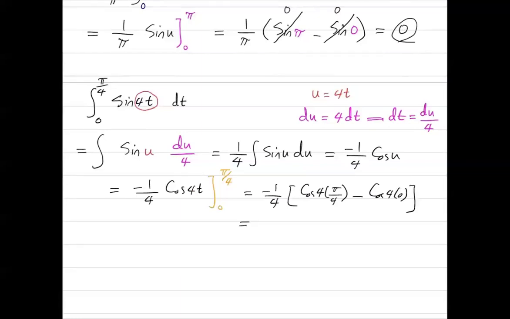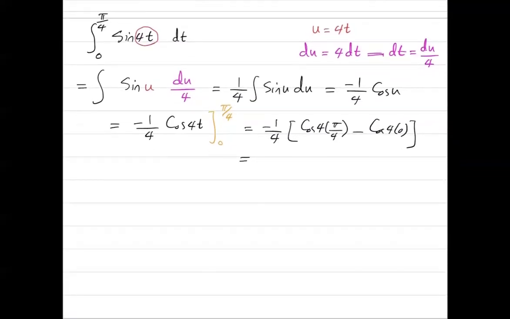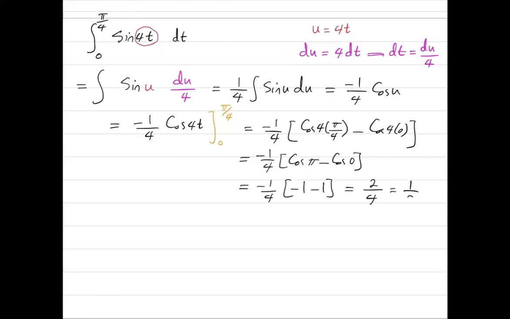This is equal to -1/4 times cosine of pi minus cosine of 0. Cosine of pi is -1. Cosine of 0 is equal to 1, so you get -1 minus 1, which is -2. So you have negative times negative, 2/4 or a half.